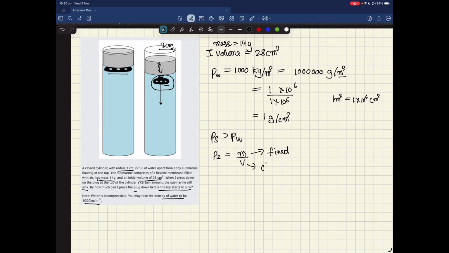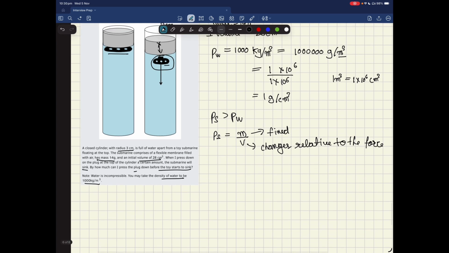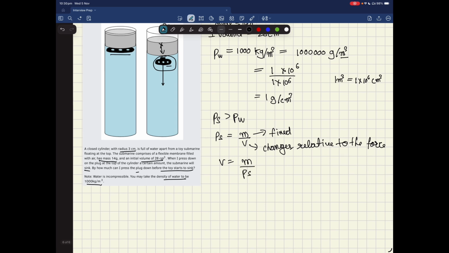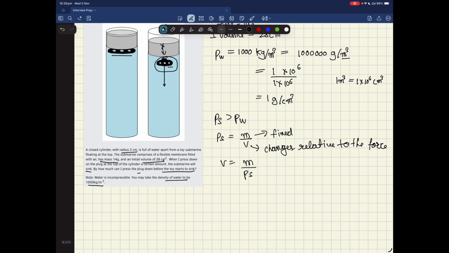The volume changes relative to the force. So we can rearrange that to get the volume. So V equals M over rho S.